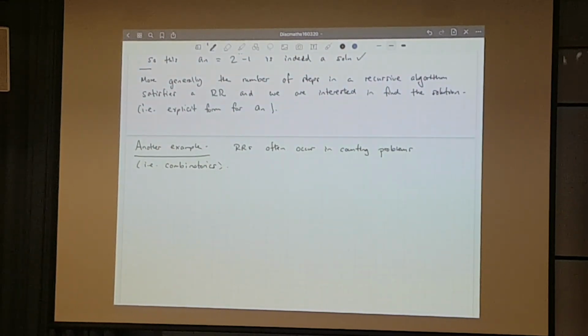Now we've got an example about climbing steps. We've got n steps. So here are our steps. And these steps, we can take them one step at a time or two steps at a time.